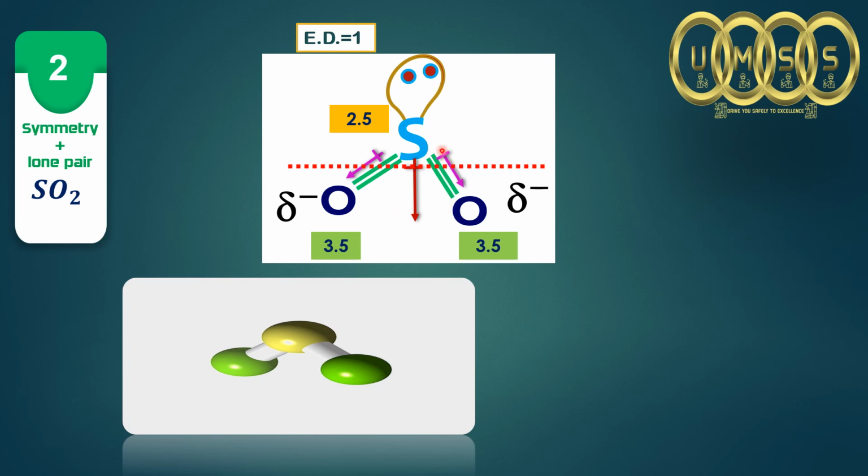And sulfur will acquire a partial positive charge and act as a positive pole. So the net dipole moment will be more than 0. Also, the electronegativity difference between oxygen and sulfur equals 1. So the bonds in SO2 are polar covalent bonds. Finally, SO2 is a polar covalent compound.